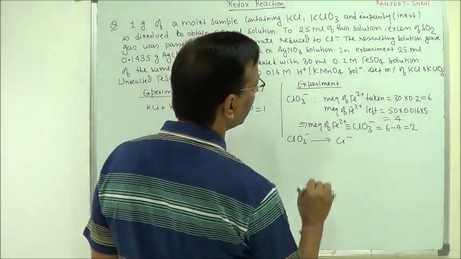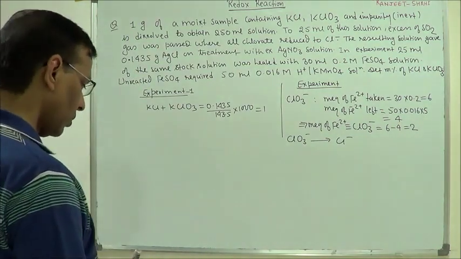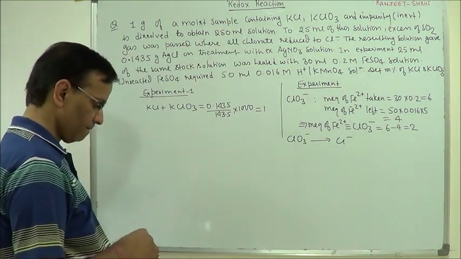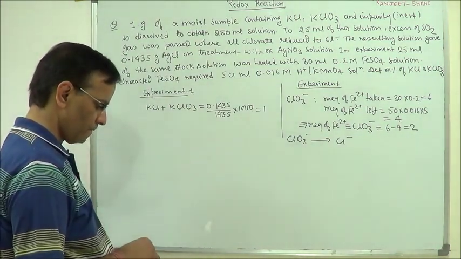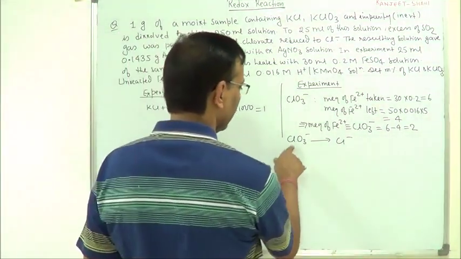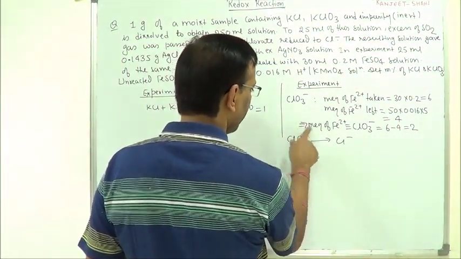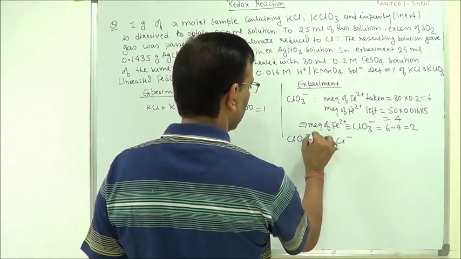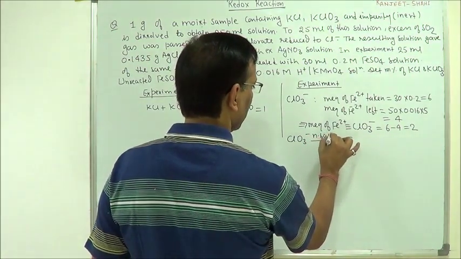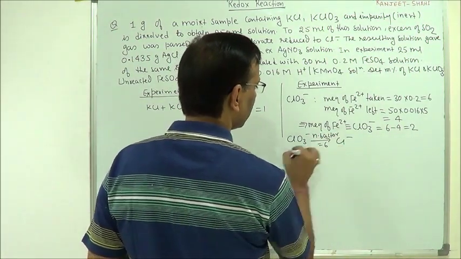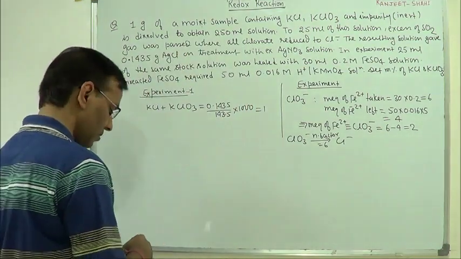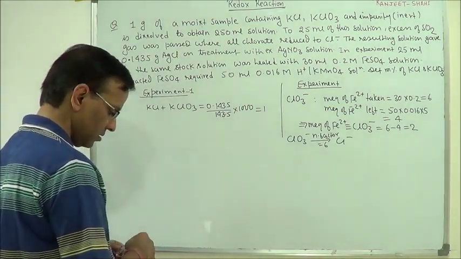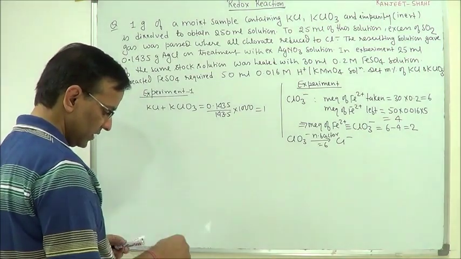Chlorate is being reduced to chloride. So the n factor here is +5 to -1, which is 6. N factor is 6.